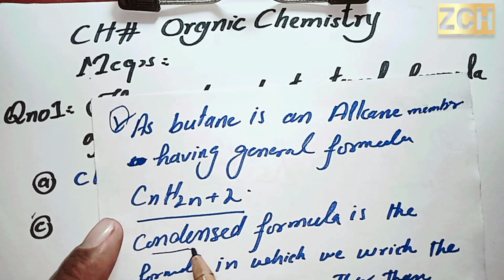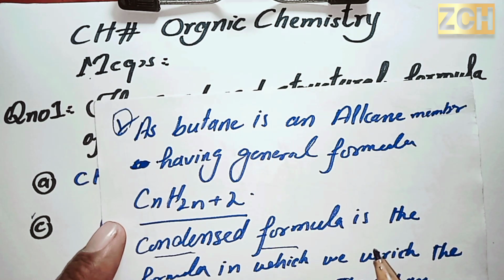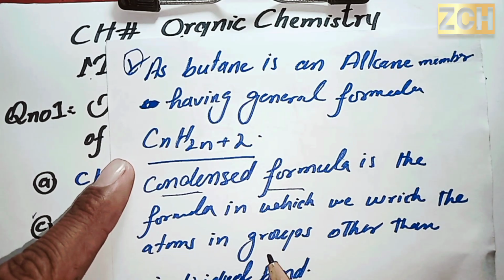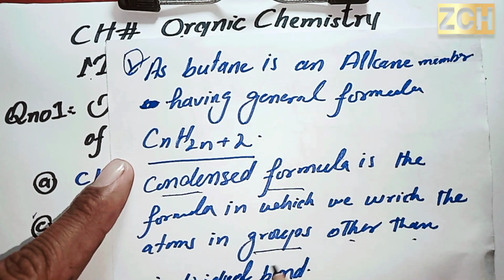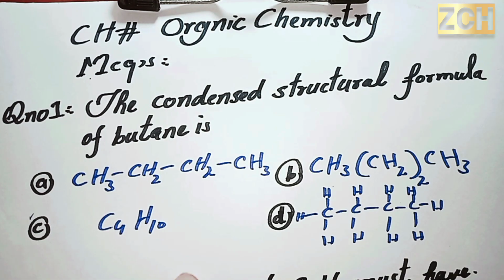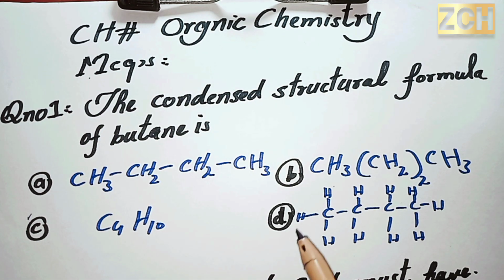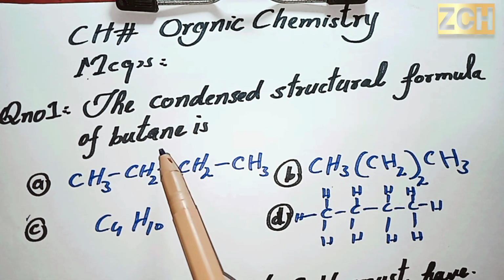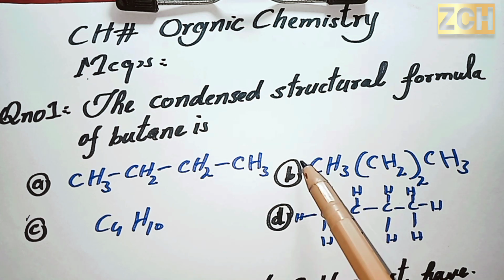The condensed formula is that formula in which we write the atoms in groups rather than individual bonds. So here we see in option B, we write the formula of butane in group form.